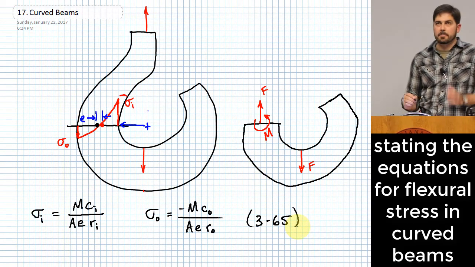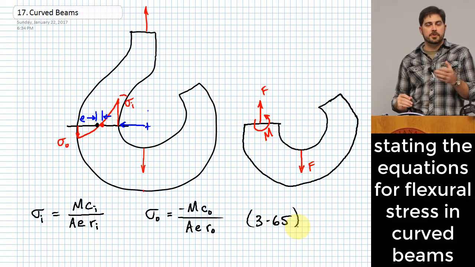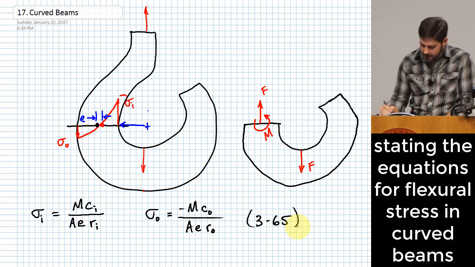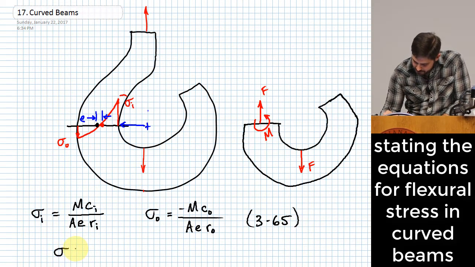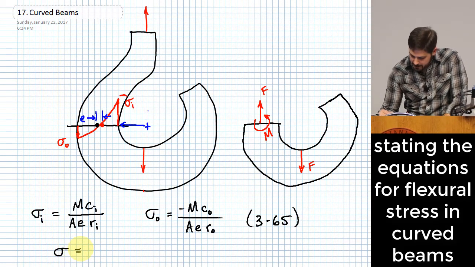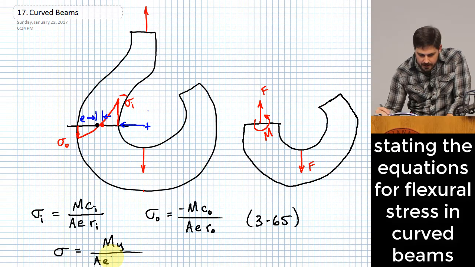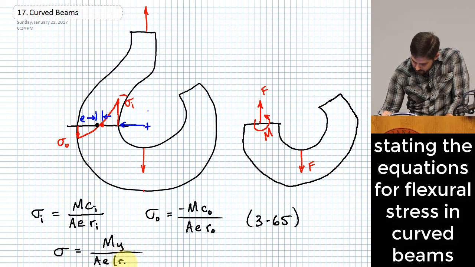There's an equation right above this where it gives you a formula that gives you stress anywhere you want throughout the cross section. Okay, so that other formula is the stress is equal to M y over A E (R sub n minus y).